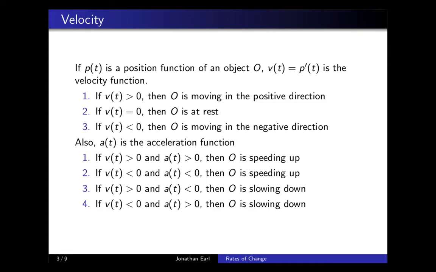If you have something where the velocity and acceleration have different signs, then your object is going to be slowing down. So if your velocity was positive, that would say you're moving to the right, but if the acceleration is negative, you can think about it as it's kind of pulling back your object. So it's making your object want to move to the left even as it moves to the right. It's maybe a confusing way of saying it, but we can look at some pictures and see what's going on.